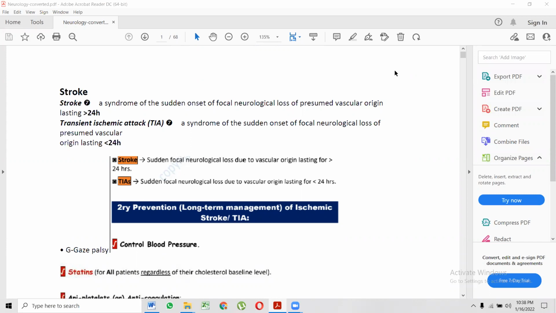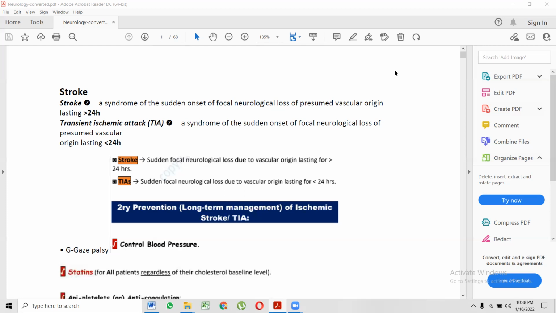It will result in focal neurological deficit. So stroke is a sudden onset of focal neurological loss that is of vascular origin and that is lasting more than 24 hours.